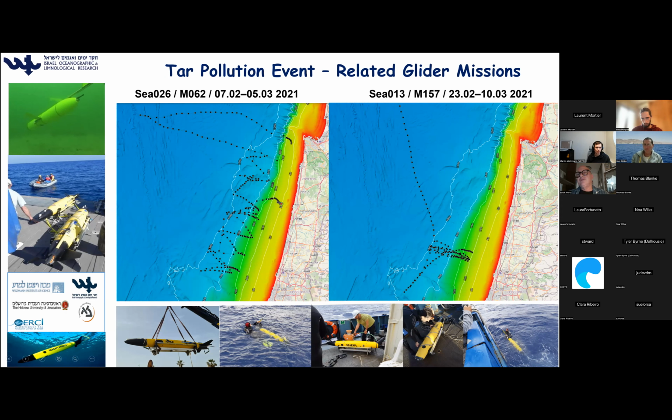As soon as possible, we deployed the glider. It was on the 23rd of February. And we planned that the glider would do some east-west transect from the shelf across the continental slope and try to see whether we see any signals of hydrocarbons.